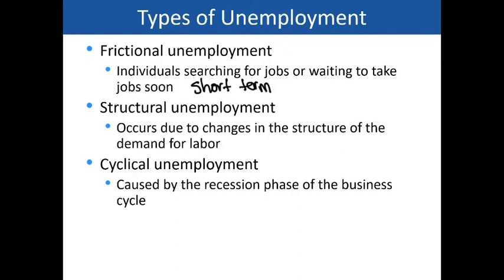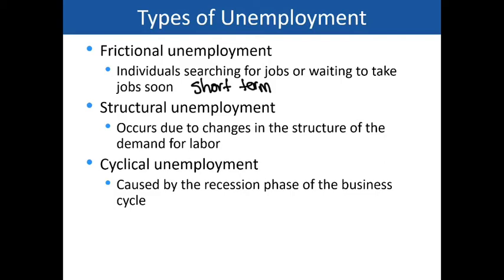Another example would be, let's say, the coal miners. Those coal miners' skills are not suitable for any other jobs in other industries. If they lose their jobs because of the change in demand for coal, then they will need to maybe go back to school.